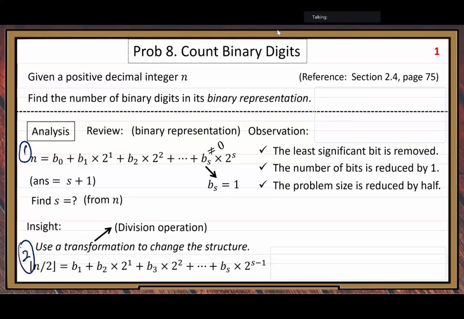Because in computer science, approximation is very common. Not like math. In math, people like to use the accurate representation. But in computer science, especially when we deal with large data, we like to use approximations.